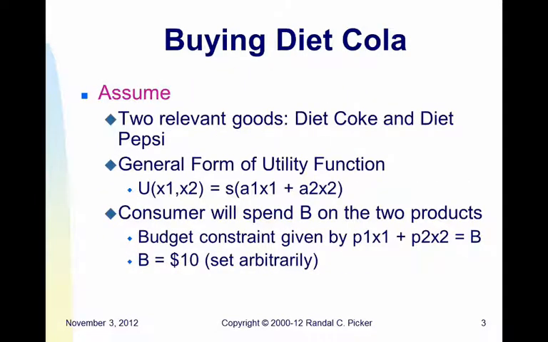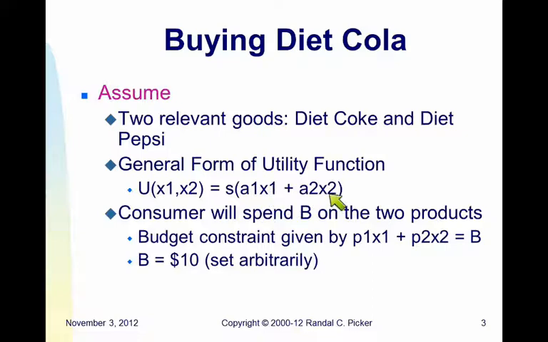I want to do a much easier version of that. So I now have only two products, Diet Coke and Diet Pepsi. I have a very specific utility function, and I'm going to have three different types of consumers. But you can see that utility function here. So it's some sort of scalar S, which I don't think I'll do too much with, but not too much. The quantity of Diet Coke, that's X1.